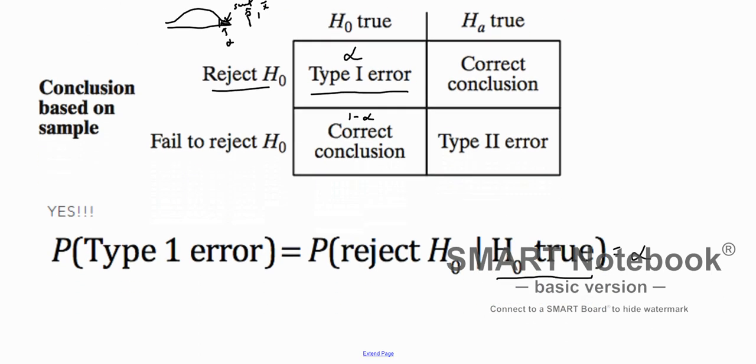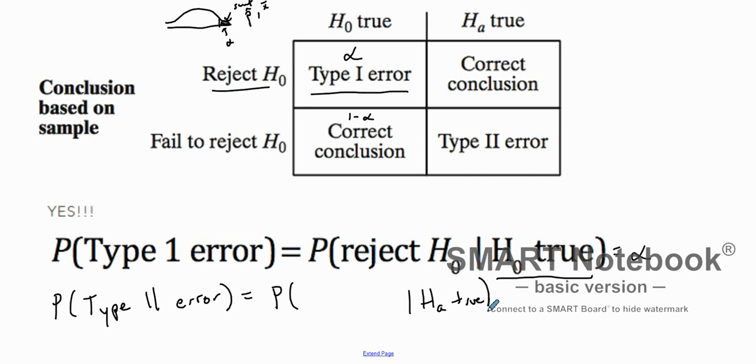Now, type 2 error is where, and I'm going to write this out, the probability of getting a type 2 error is a different assumption, because now we're looking at this category, and in this one, we are finding the probability of where the alternate hypothesis is true, however, we fail to reject the null.